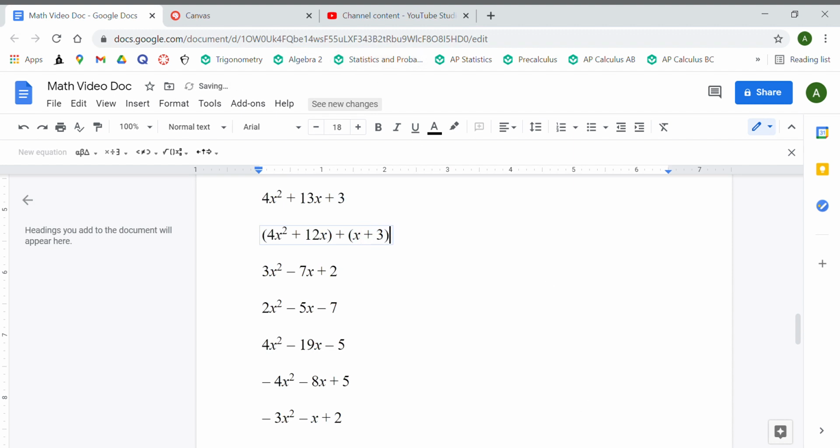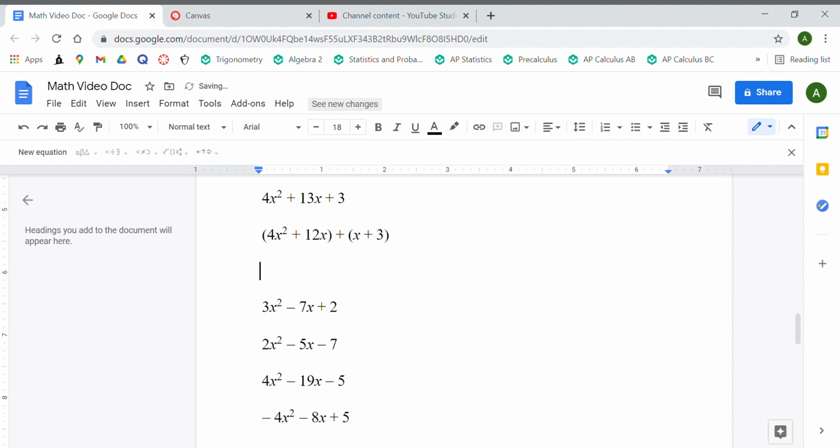Now note why I decided to do this. It is because I was able to group the terms so that they share the greatest common factor. Okay? So that's why I did it this way.